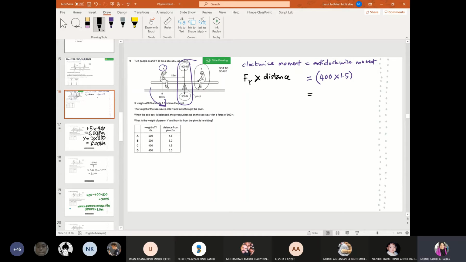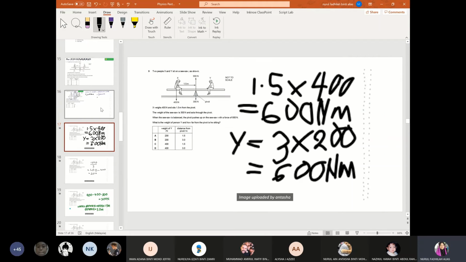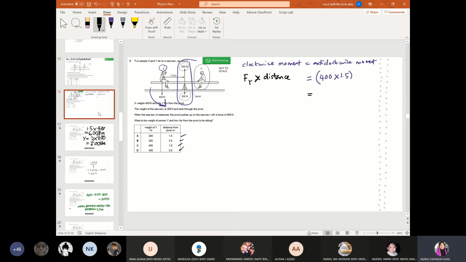So you tengok mana satu combination yang akan bagi jawapan tu. So ni yang kawan-kawan awak buat tu. Alright, so berapa? Kalau jawab dua-dua tu 600, 600. Dapatlah jawapan yang mana tu? Dapat B kan? Okay, alright, good.